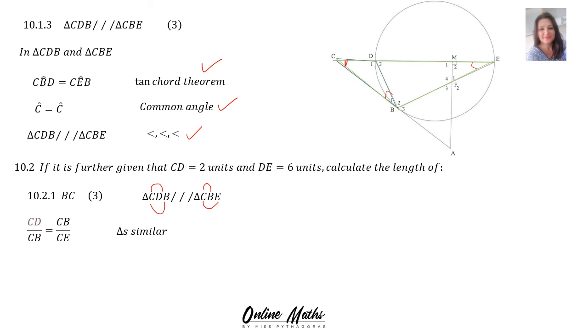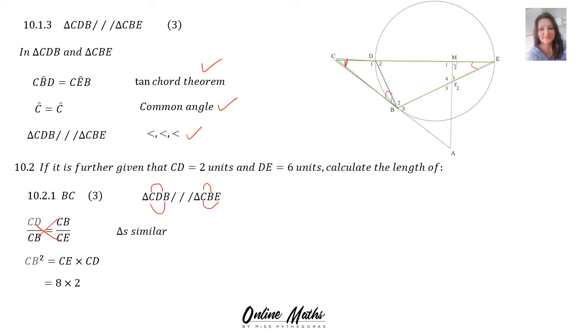Then we can cross multiply. CB times CB is CB squared and CE times CD. Then we can substitute the values. It's going to be 8 times 2.